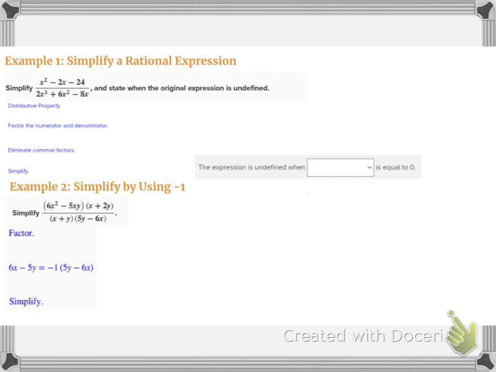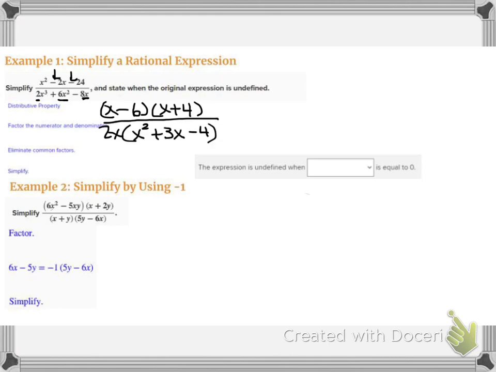Simplify this as practice. X squared minus 2x minus 24. Which numbers multiply to make 24 and add to make 2? 6 and 4, making 6 negative and 4 positive, will keep these signs correct as well. In the denominator, I notice before I factor, each term is divisible by 2x.